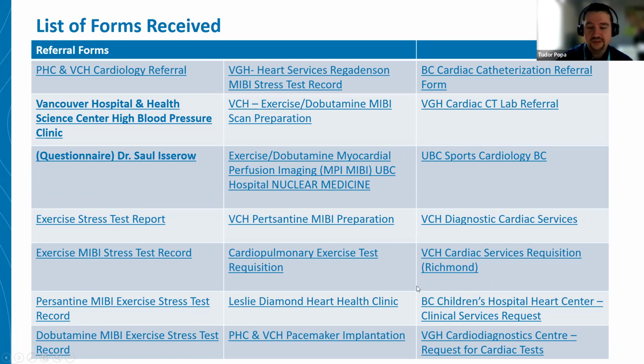I know some areas might do that. Are they ever used here? Not that I'm aware of. No, okay, perfect. Great. Does anyone else have any other questions about any of these forms?